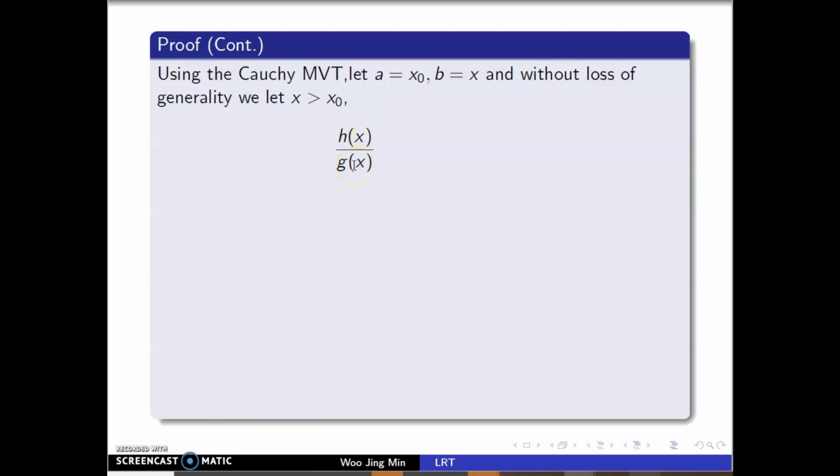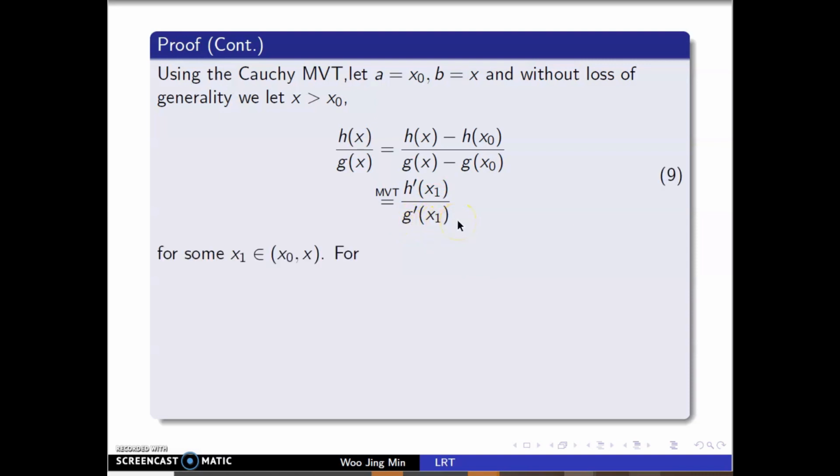So what we end up seeing is that we can easily express it this way, because h of x0 and g of x0 both just equal 0. So from here you can just use the MVT and find that the top is h prime of x1 and g prime of x1 for some x1 that is in the open interval x0 to x.